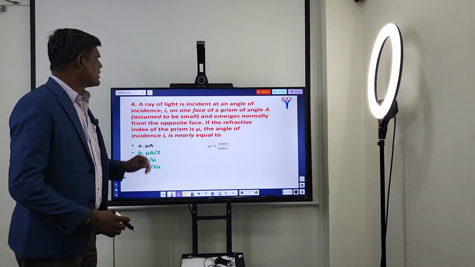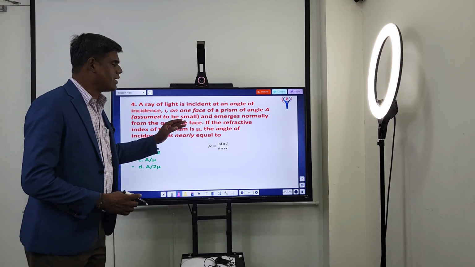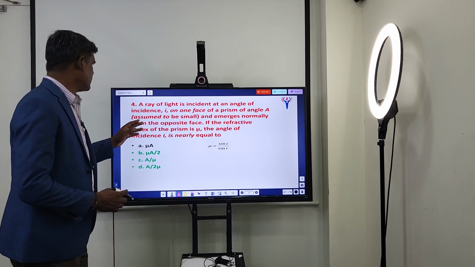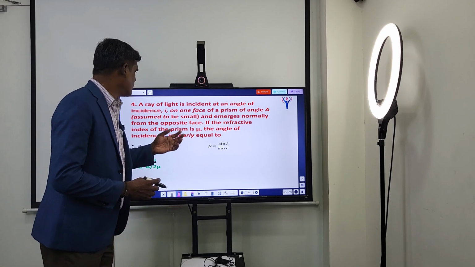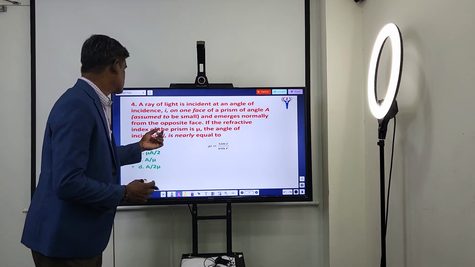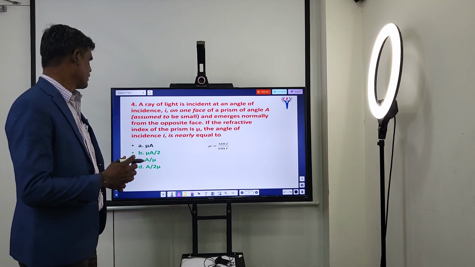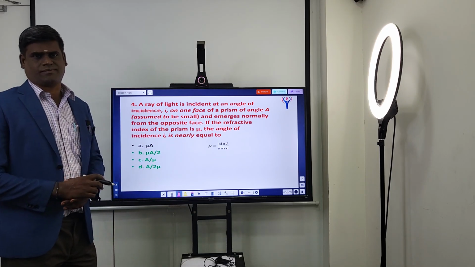A ray of light is incident at an angle of incidence i on one face of a prism of angle A, assumed to be small, and emerges normally from the opposite face. If the refractive index of the prism is mu, the angle of incidence i is nearly equal to dash.